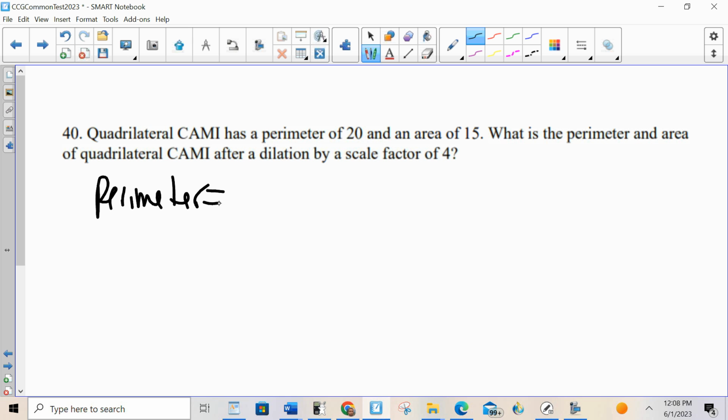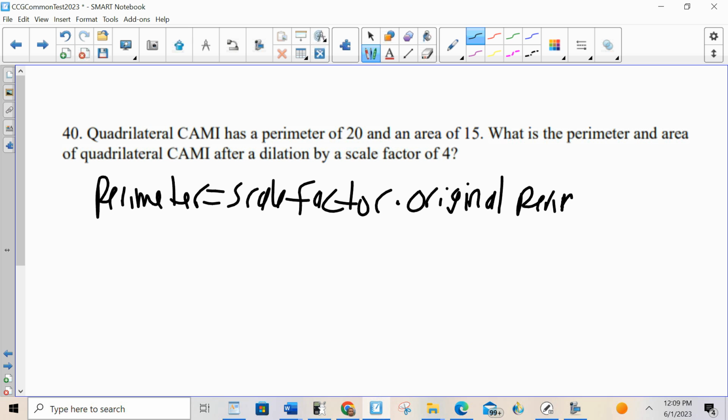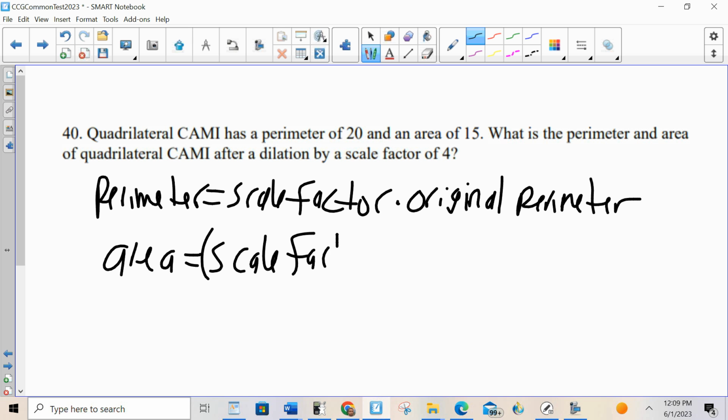Perimeter is the scale factor times the original perimeter, but the area is the scale factor squared times the original area.